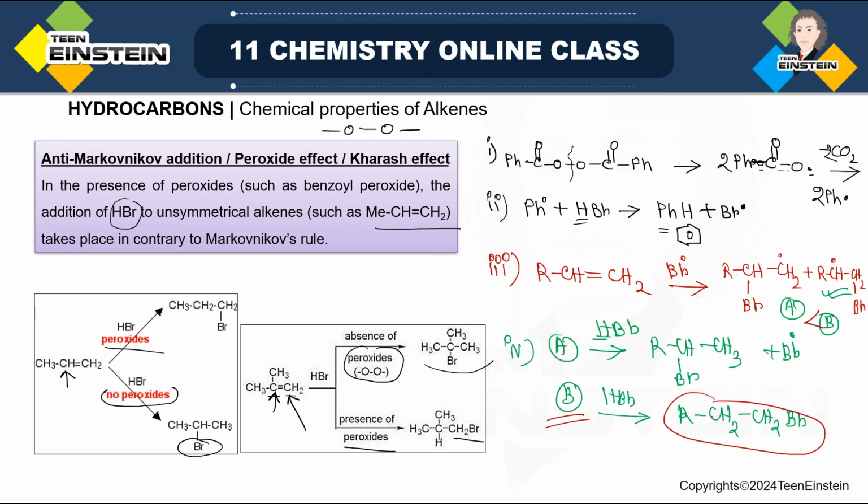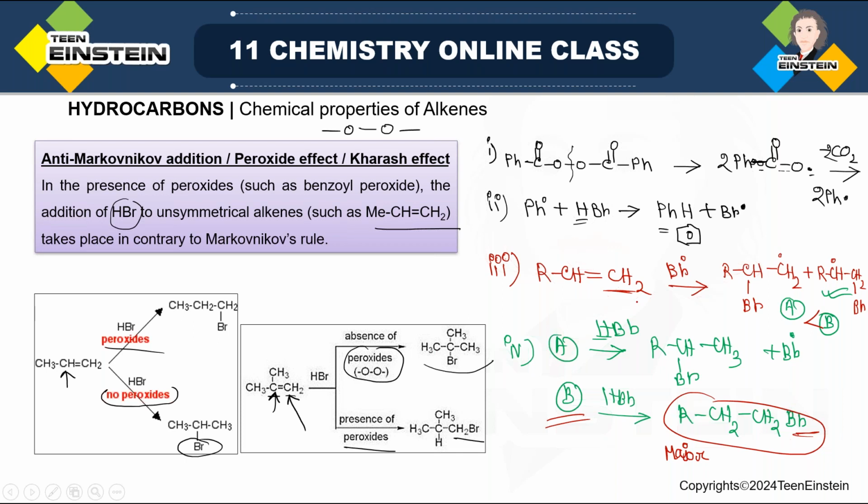You are getting this one, and that is the reason it will be major. And look at this. This is anti-Markovnikov addition. Br is attached to that carbon, look at the initial substrate. Br is attached to this carbon, which is carrying a higher number of hydrogens, and this is the reverse of Markovnikov's rule.